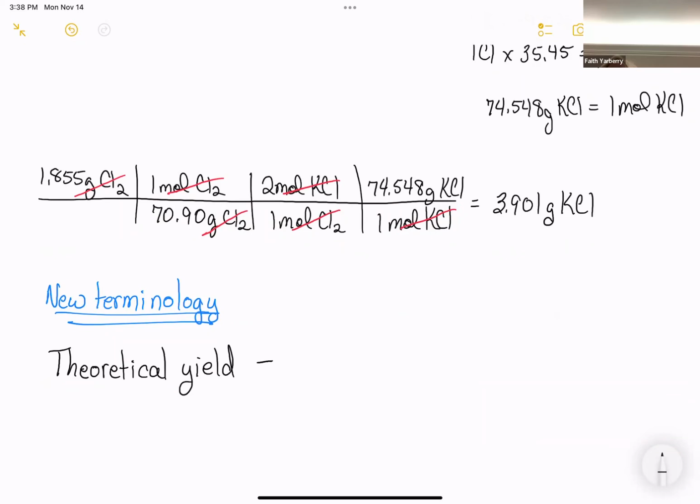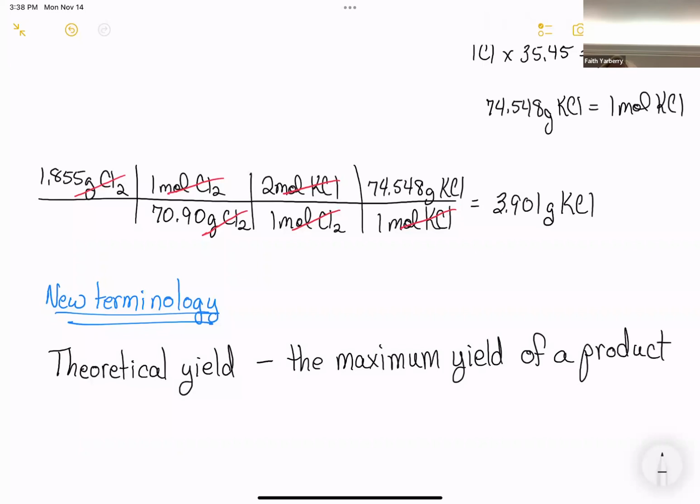The theoretical yield is the maximum yield of a product assuming no side reactions occur.